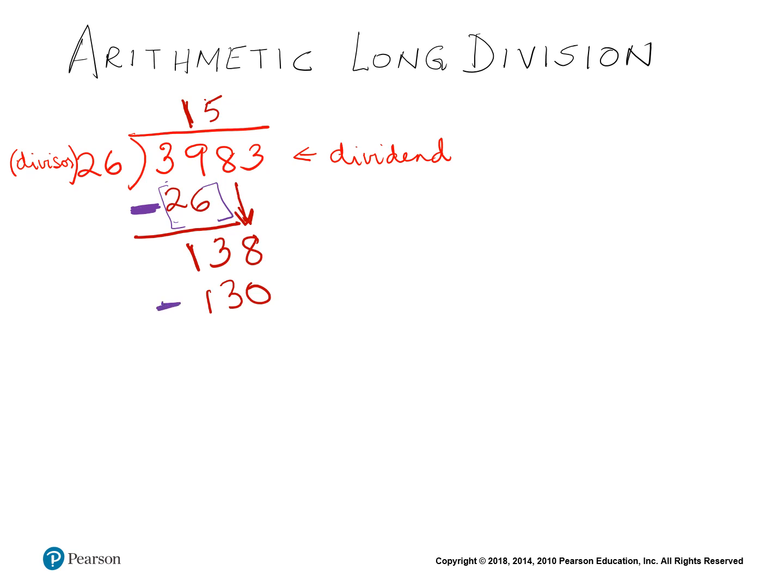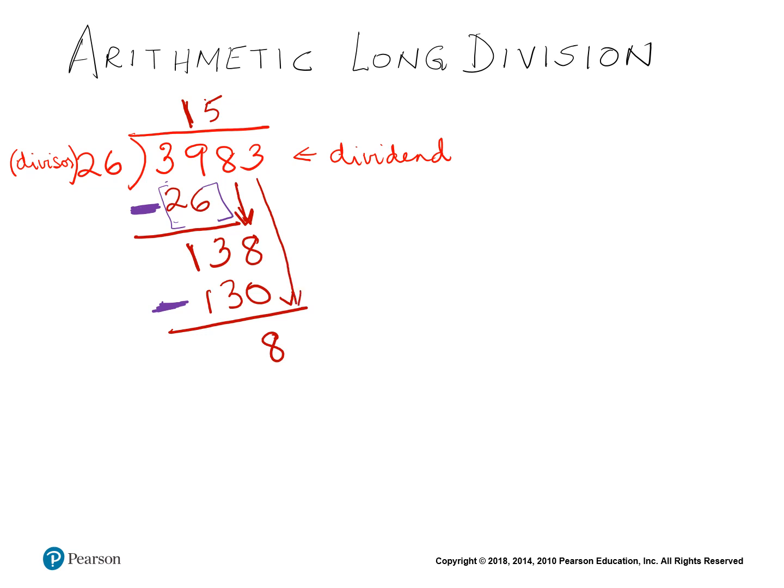We write the 130 as is, since 26 times 5 is positive 130, and then you are subtracting. So I'll put the minus sign here and we continue. 138 minus 130 is 8. And we have another digit still remaining in the dividend, which is a 3. So now I'm going to bring down the 3 because 26 does not go into 8.